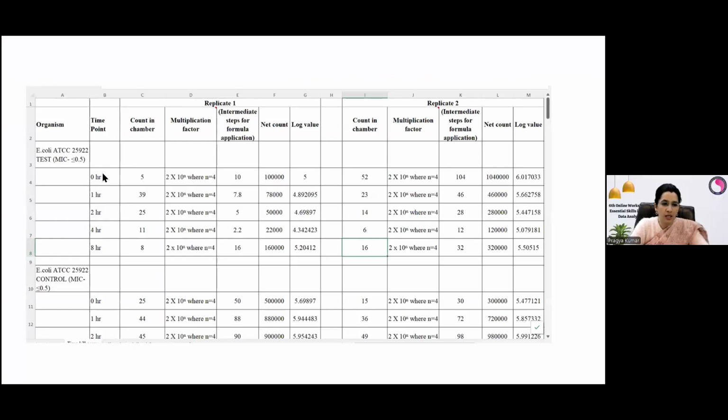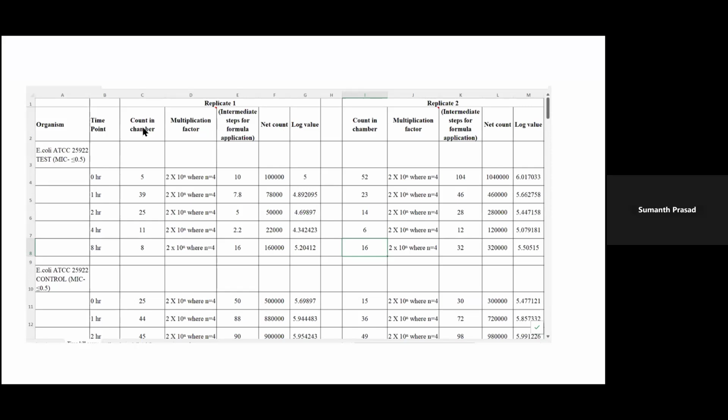See, these all are time points, like time point 0 hour. That person should have entered at 0 hour, what was the count? What was the multiplication factor at 0 hour? So these many variables will be multiplied by 1, 2, 3, 4, 5. Like at 0 hour, it should come as separate columns.